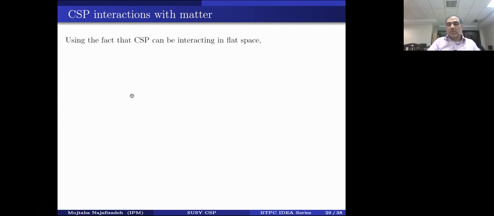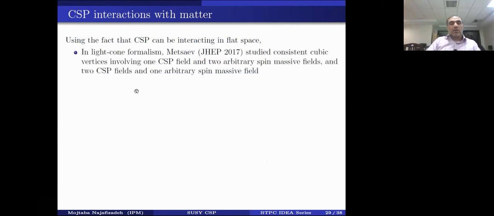Using this fact that CSP can be interacting in flat space, in light cone formalism, Metsaev studied consistent cubic vertices involving one CSP field and 2 arbitrary spin massive fields, and also 2 CSP fields and 1 arbitrary spin massive field.